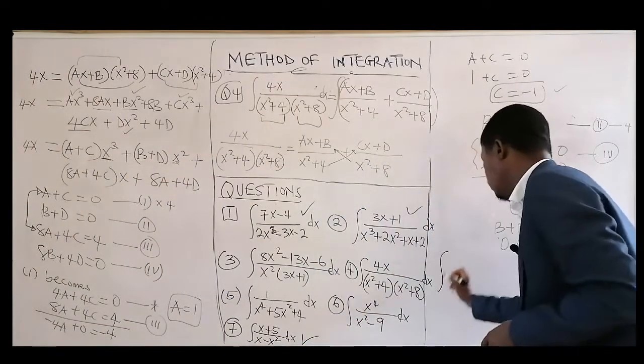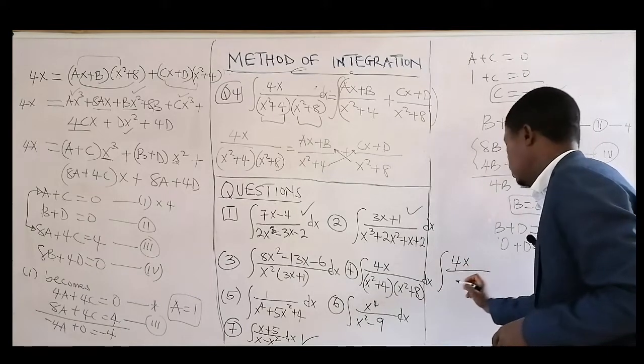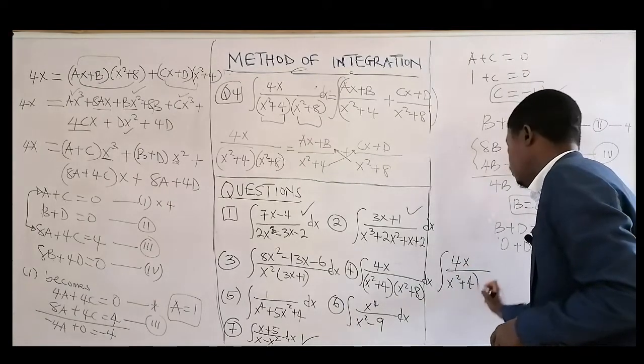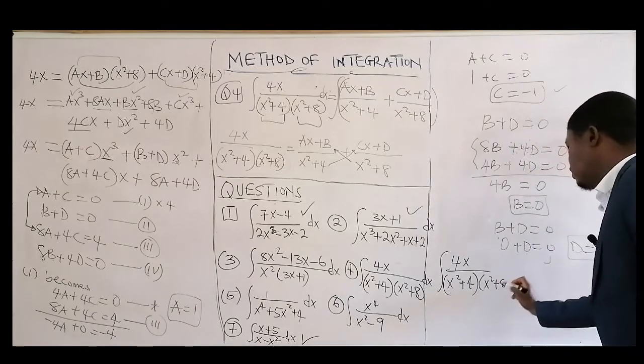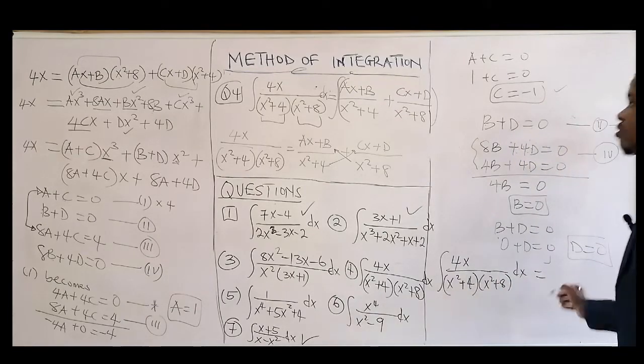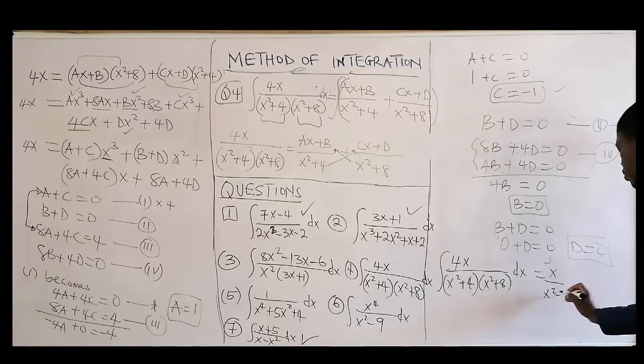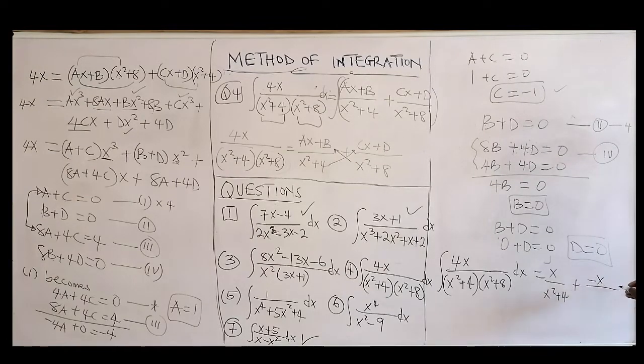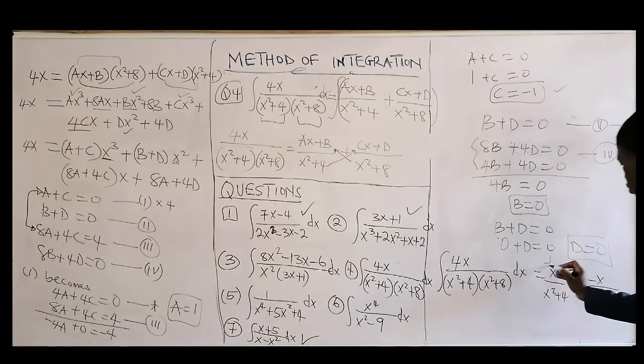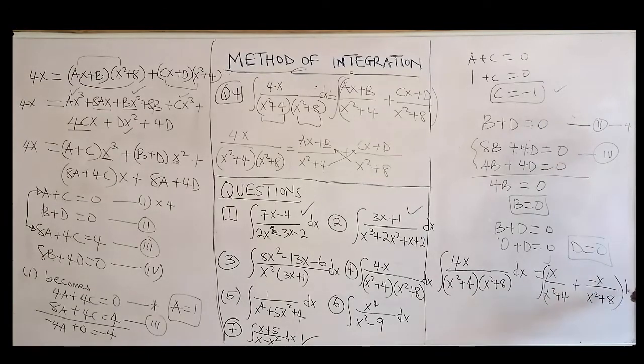The integral of 4x over x squared plus 4 into bracket x squared plus 8 dx is equal to a, which is 1, so that's x, plus b, which is 0, so that one is gone, over x squared plus 4. Then plus c, we have c as minus 1, so that's minus x, all over, d is 0, x squared plus 8. So the integral of these two we can split.